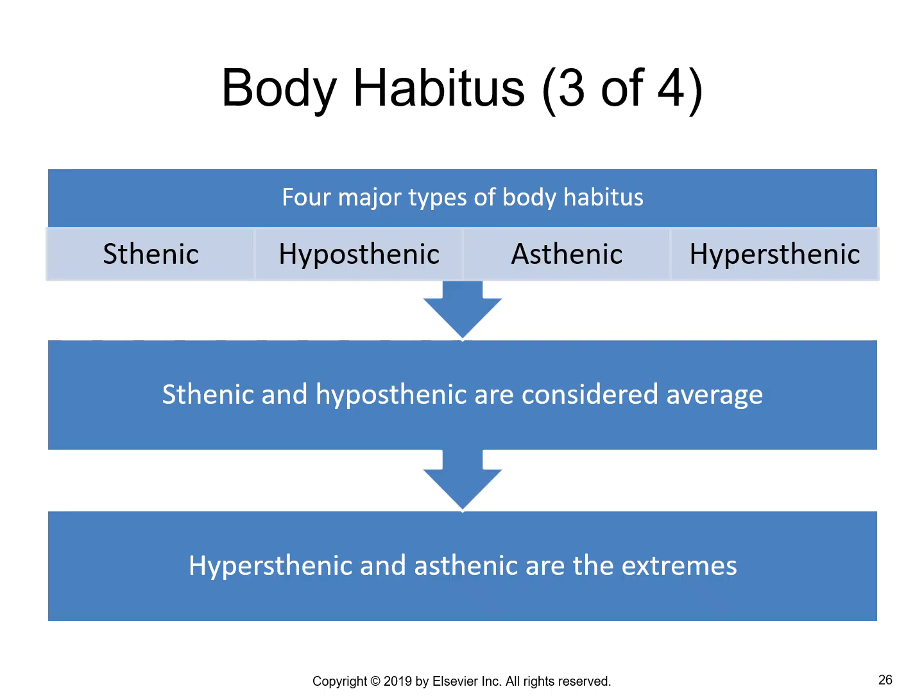So these are our 4 major types. Sthenic means average, hyposthenic, slightly below average, asthenic is extremely below average, and hypersthenic is above average. Okay, so sthenic and hyposthenic are our more common habituses.